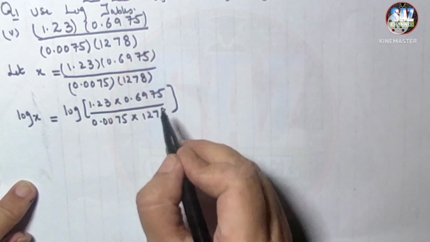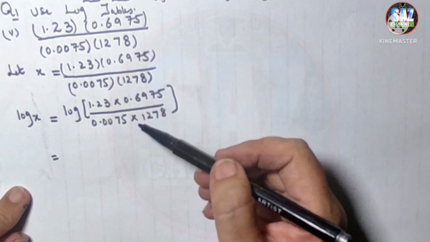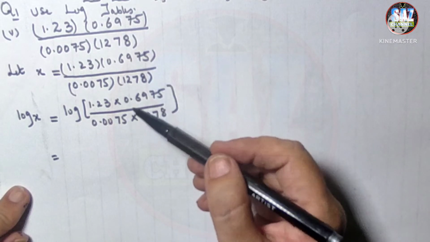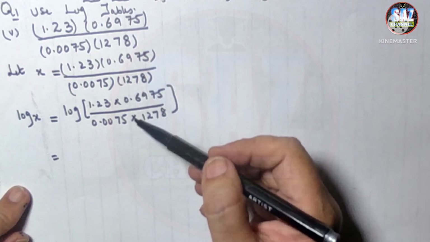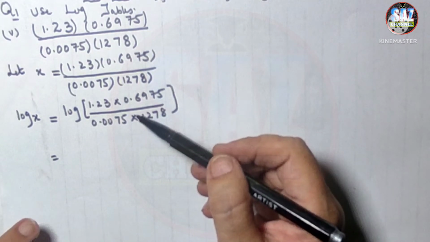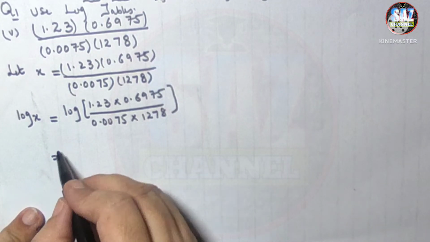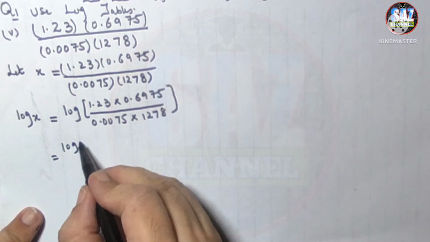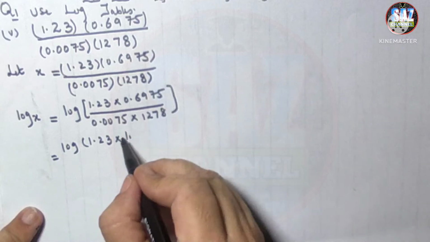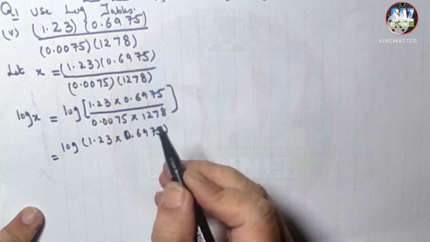Now we can see the question is overall in the form of a fraction, and the numerator and denominator both have numbers which are multiplied together. So at this stage you have to think about the law of logs that we can apply. First of all, I will be applying the quotient law of logs, that is, log of 1.23 multiplied by 0.6975 minus log what?